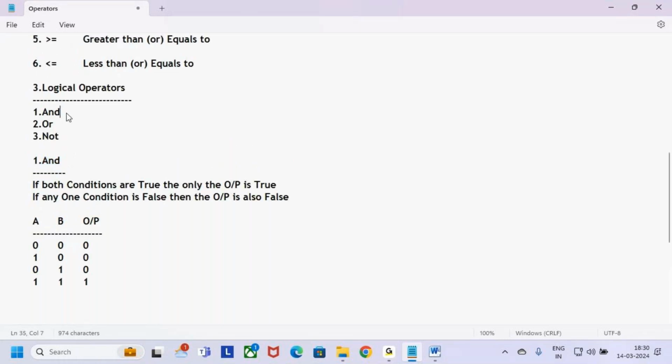And next one is OR. Now what's the functionality of this OR logical operator?